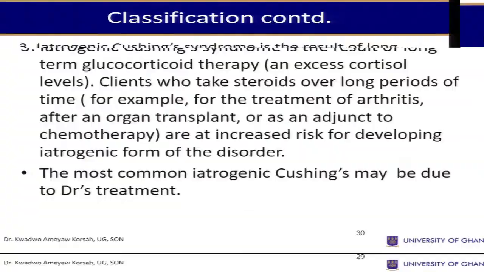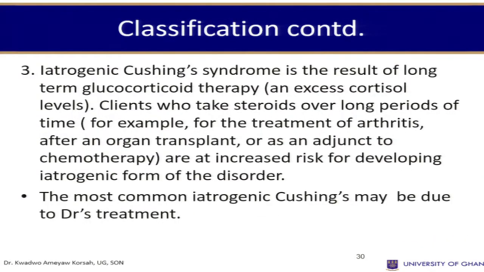And then in some cases, we can also have iatrogenic Cushing syndrome, which is the result of long-term corticoid therapy, for instance, excess cortisol levels.